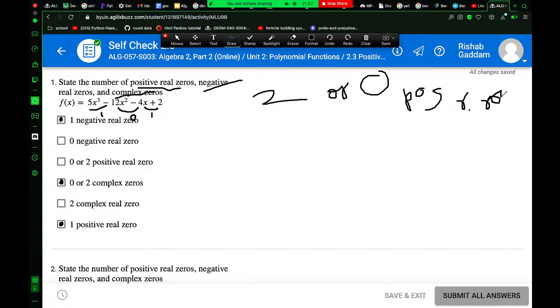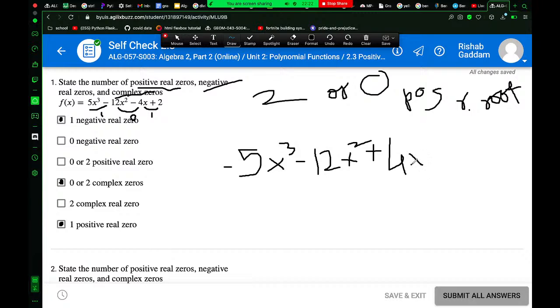Oh, okay. Now I get it. Okay, so you have 2 or 0, and then you have to substitute negative x into here. So that means you would have negative 5x cubed minus 12x squared still, and you would have plus 4x plus 2.